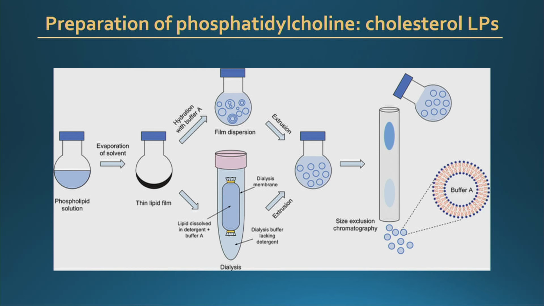Then we use an extrusion process to define the size of our liposomes. I'm trying different sizes, and then you can further purify this formulation in order to have a monodisperse solution of liposomes containing whichever drug you're interested in inside.